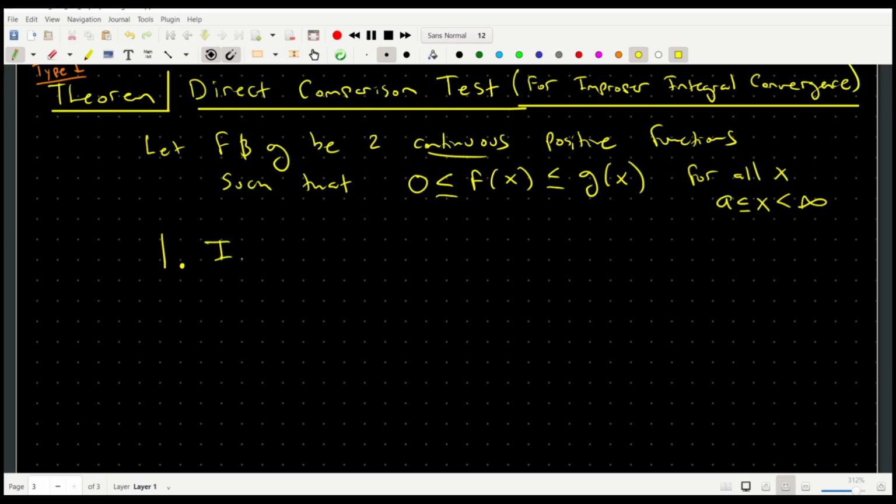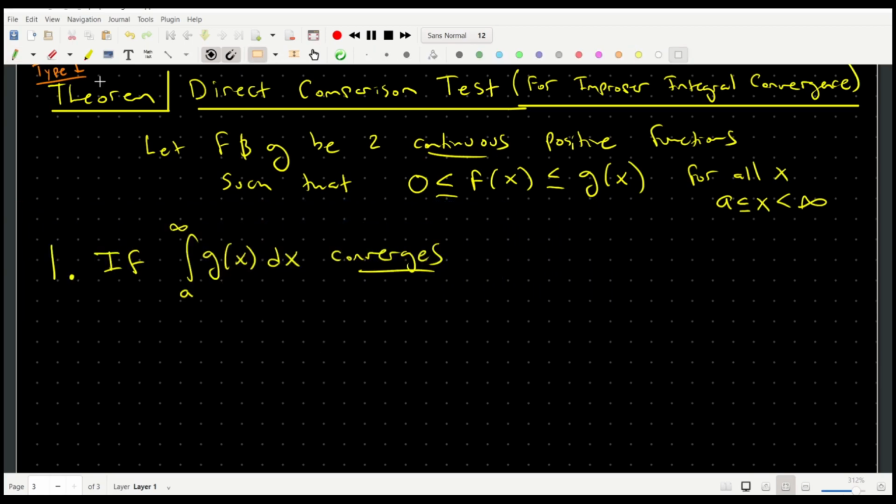If the improper integral of g of x from a to infinity converges, then the improper integral from a to infinity of f of x also converges.